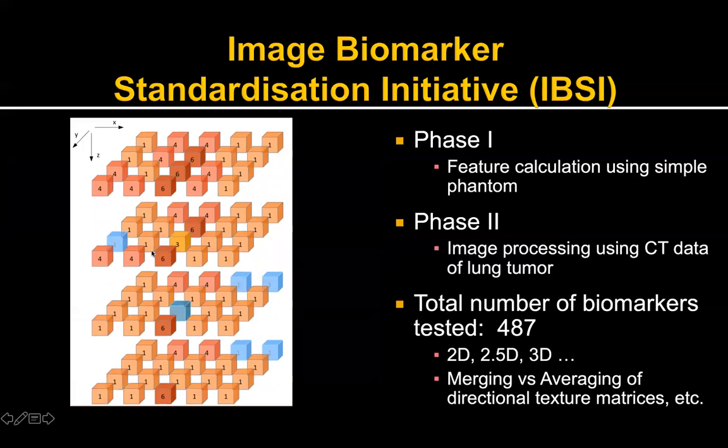If I can take an exploded view of the digital phantom, that's what it looked like, basically. Very discrete intensity, very, very simple. 4 by 5 by 5 is the size of the phantom, a very small phantom, such that in the end we could find the ground truth of our calculations directly by calculating the features by hand from this phantom.